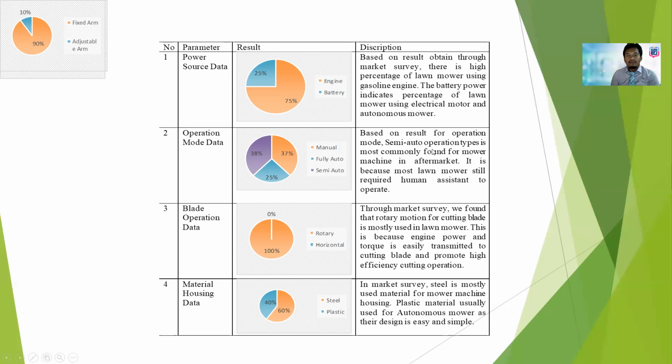We set the parameters, and from the parameters we got the result and the description. The first parameter we decided on is the power source of the lawnmowers in the market.